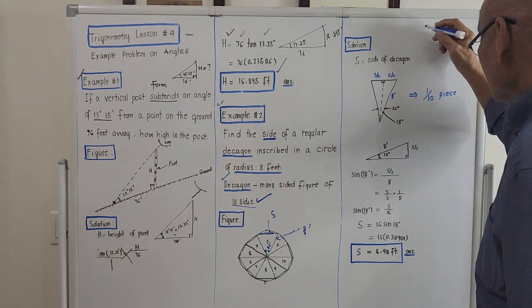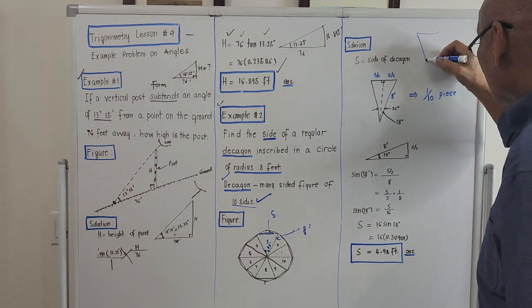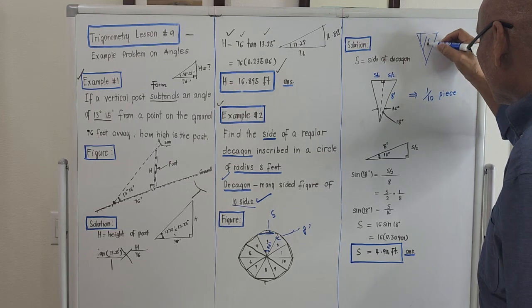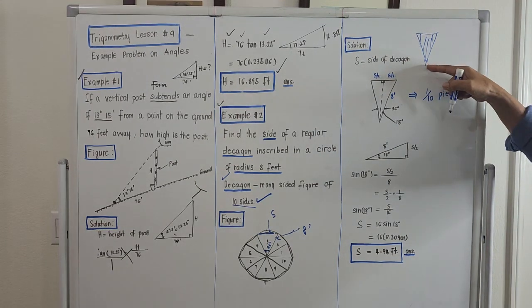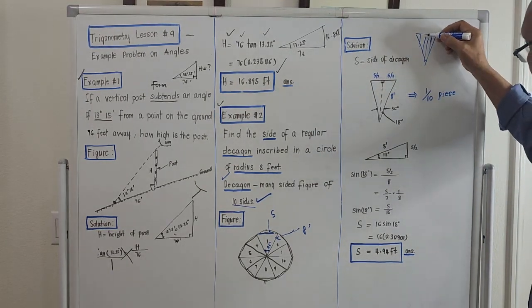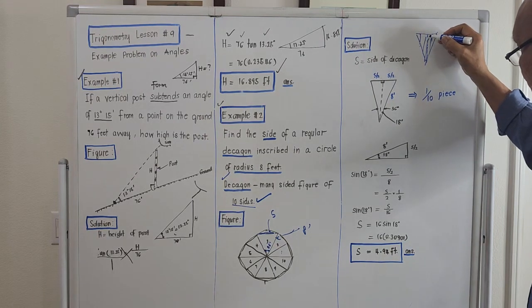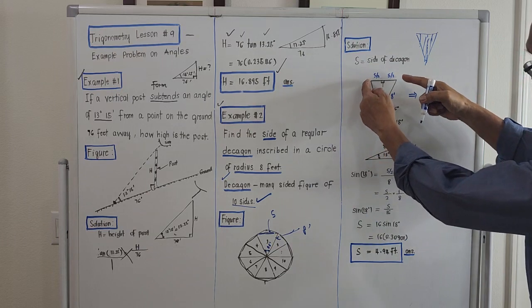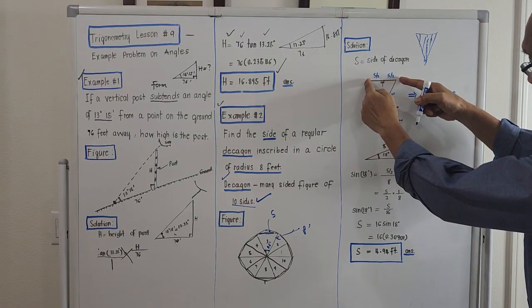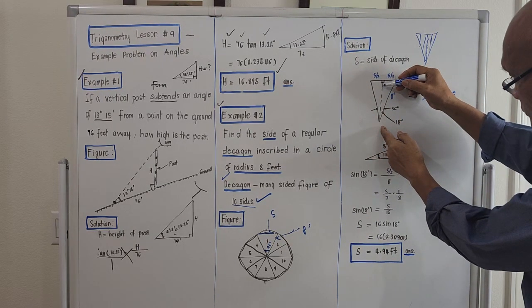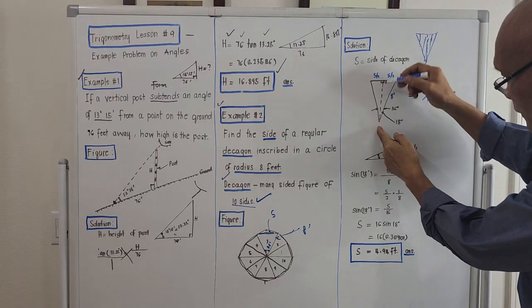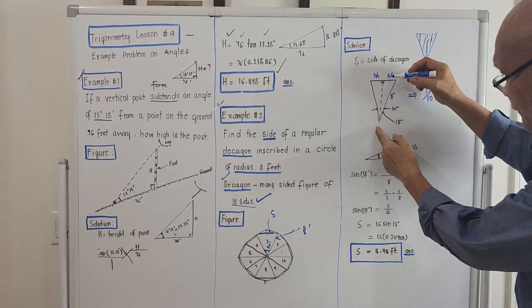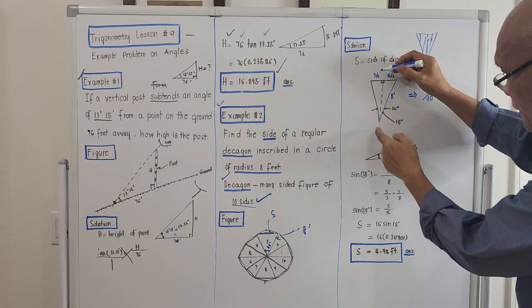It is something like this, right? That's one slice. And if we drop a perpendicular line over here, this one is actually the total side of the decagon. So if we slice this into two equally, this length here should be s over 2.